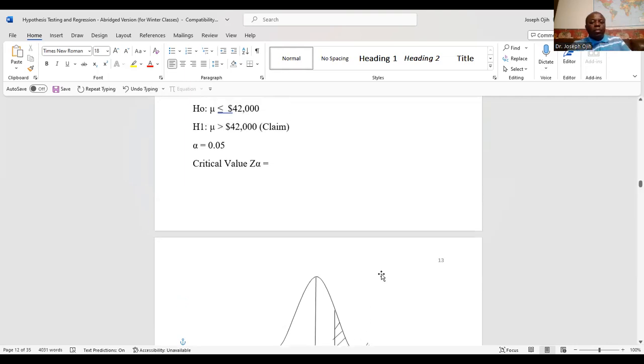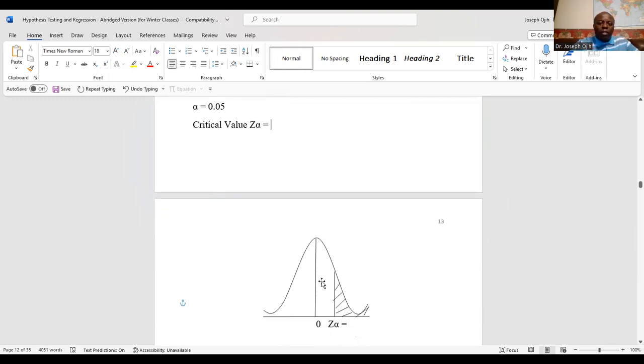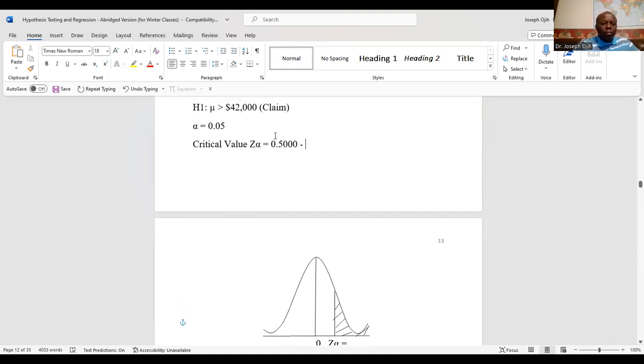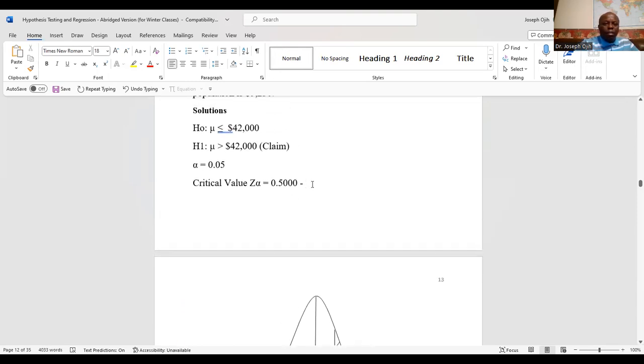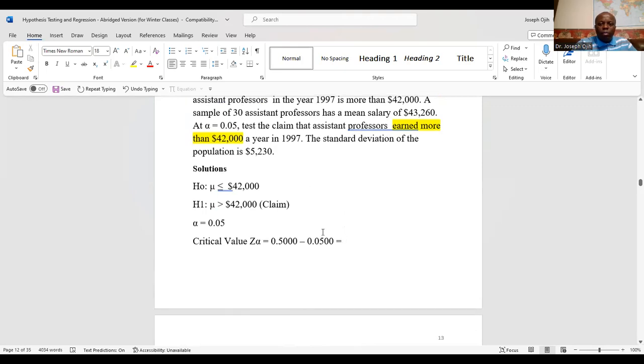So now, since it's on the tail, remember when we are doing normal distribution, only for the tail you subtract from 0.5. So you're gonna do 0.5 minus, because I have only one tail, the alpha, which they give you as 0.05. Okay, let's go and look at this here from the table of normal distribution.